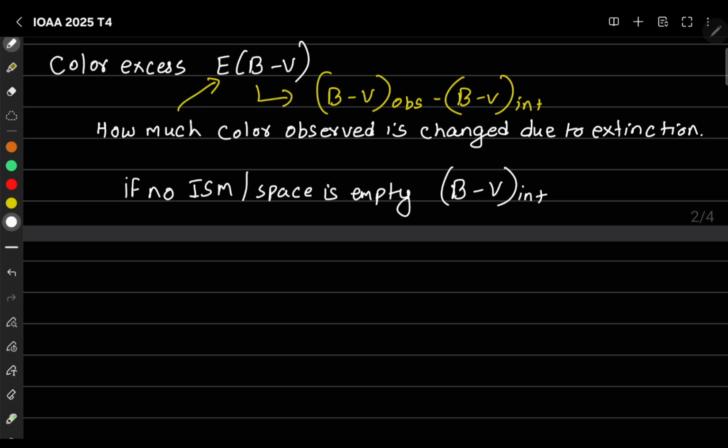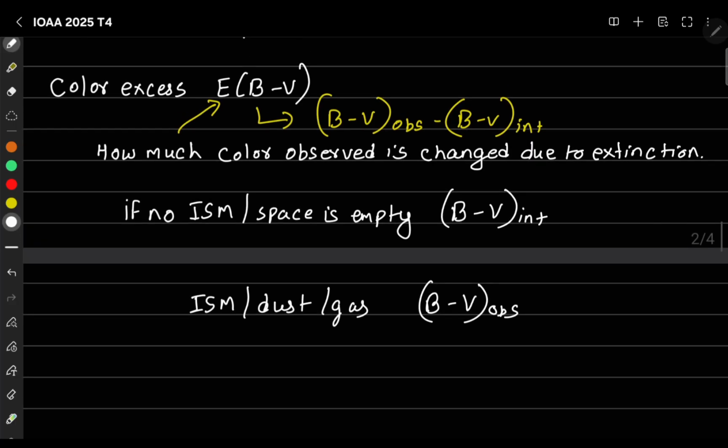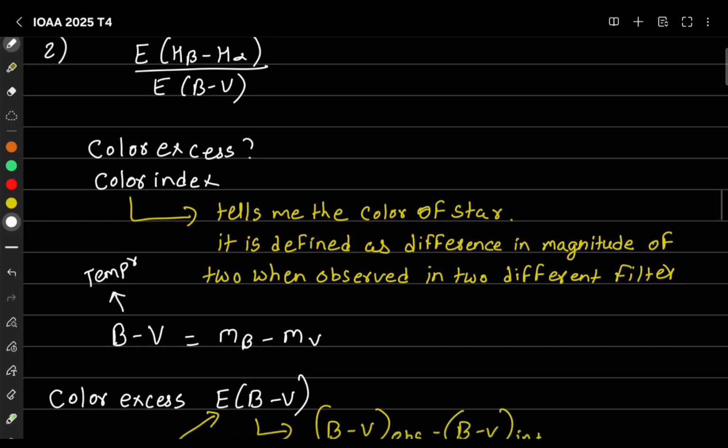Now if ISM, dust and gas are present, I will observe a color index B minus V which is observed, and this difference is given by color axis. So now I hope you get what color axis means.